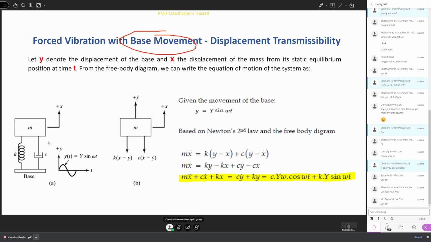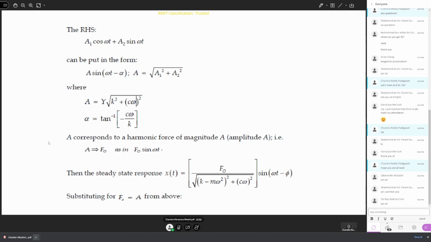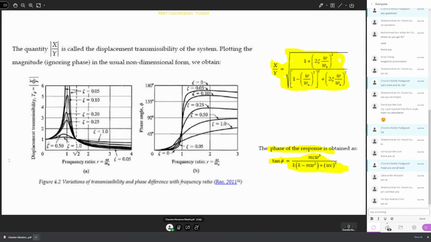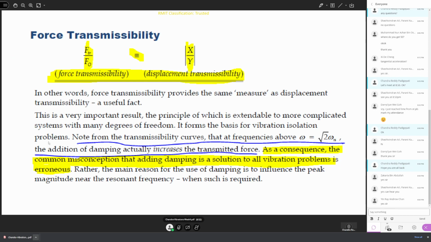For this, we derived the equation of motion, then we saw the response of the system. While finding the response, the useful quantity is the amplitude ratio or transmissibility. For this system we got the amplitude ratio formulas and the phase formulas, and the force transmissibility and amplitude transmissibility are both the same.